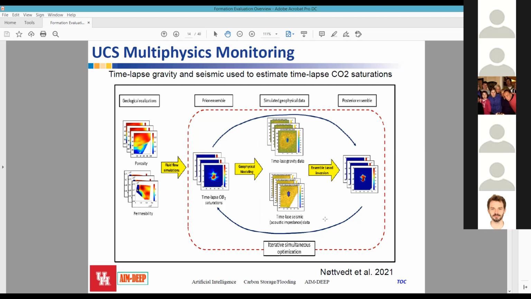And also seismic itself, just the 3D seismic itself, is going to help us a lot, although I'm not going to talk about the 3D seismic characterization here. This presentation is more focused on 4D monitoring.